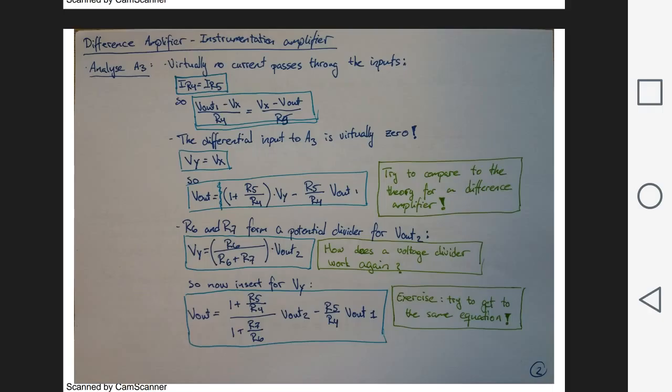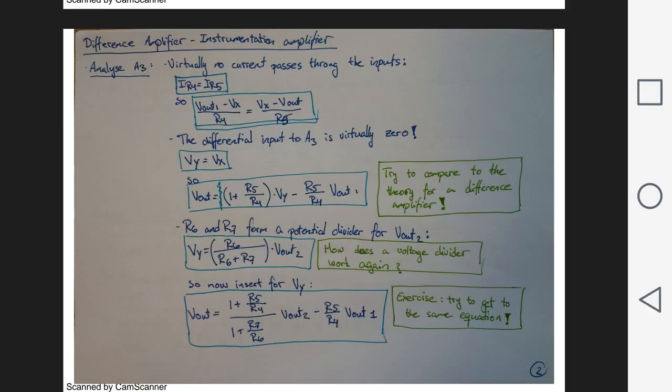We can also say that the differential input to A3 is virtually 0, so the potential at nodes Y and X is equal.